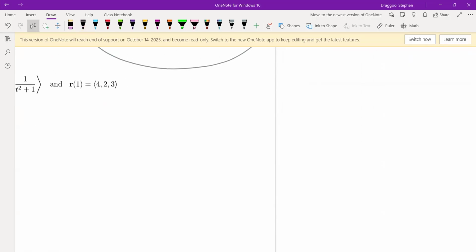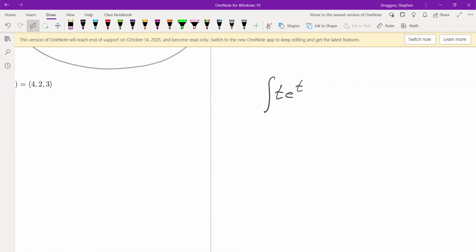So if I want to do an integration by parts, getting my pencil back to having some ink. Integral of t e to the t. I want to call u t, dv e to the t dt.